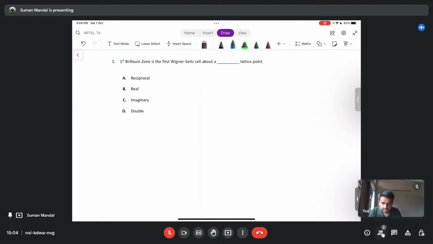There are two terms here: one is the Wigner-Seitz cell, and the second is the Brillouin zone. So we'll define these terms here.